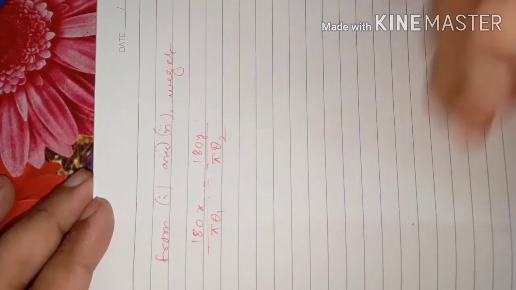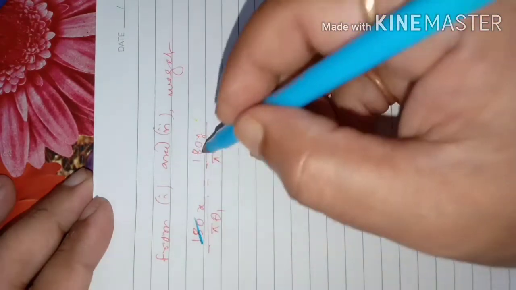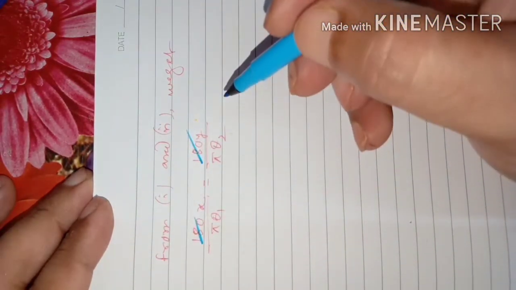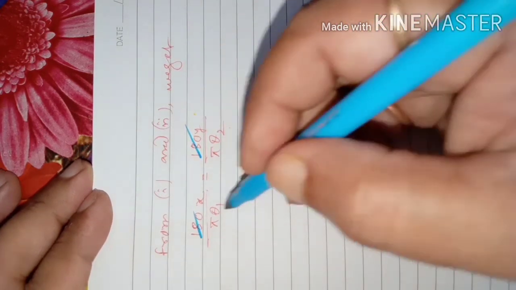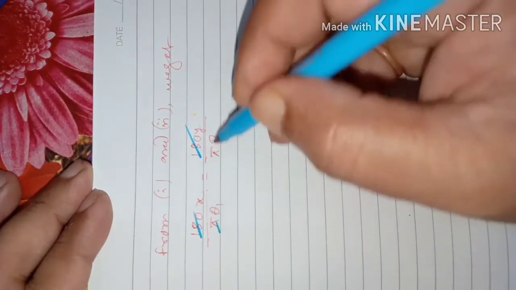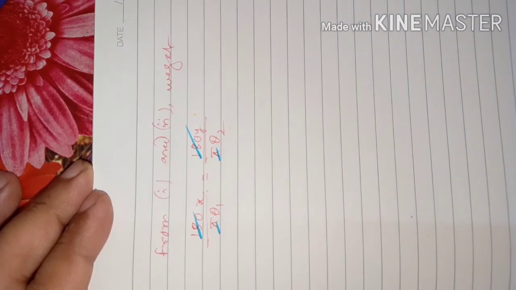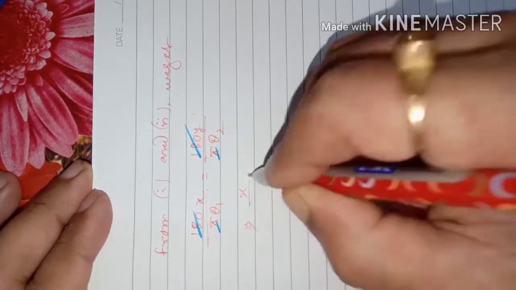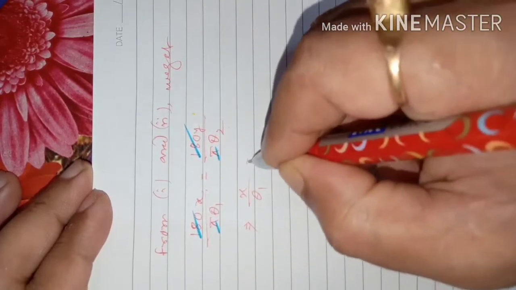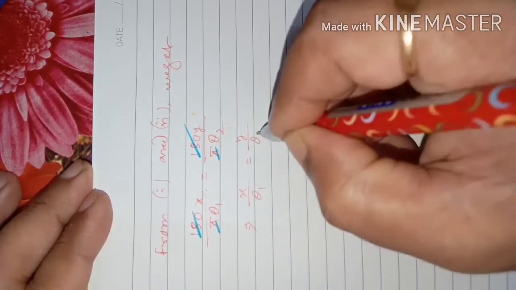So cancelling 180 from both sides, if we divide both sides by 180, 180 will get cancelled. Then pi also will get cancelled. So the result is like this: x by theta 1 is equal to y by theta 2.